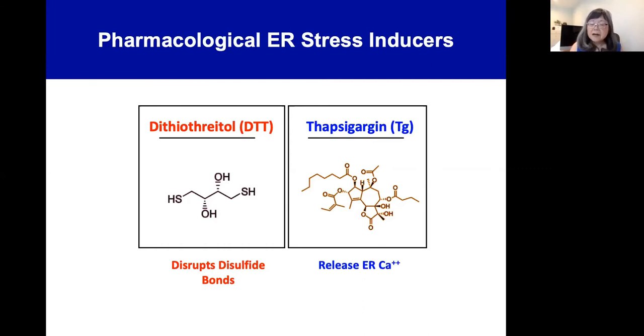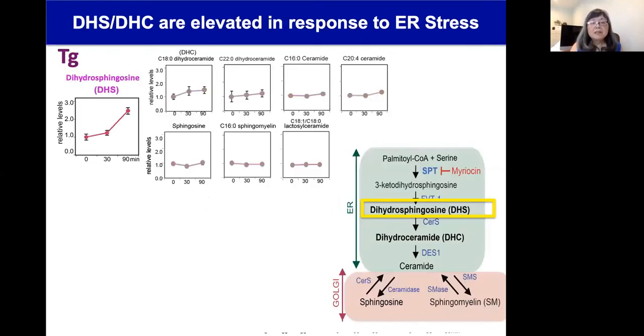And treating human embryonic kidney cells, we found that during the time course, we saw the elevation of dihydrosphingosine, DHS. We were surprised to find that all the downstream, actually more abundant lipids, ceramide or sphingomyelin, sphinganine, their levels are not much changed during this treatment.